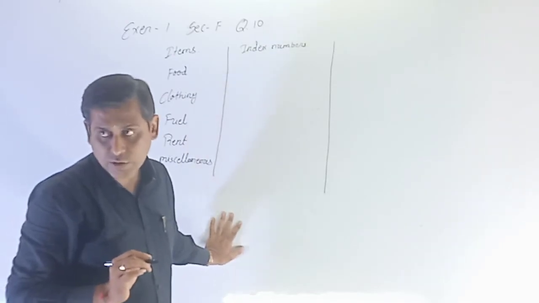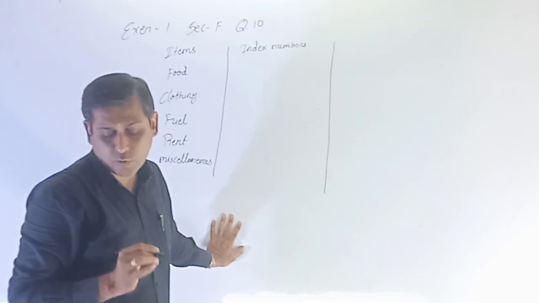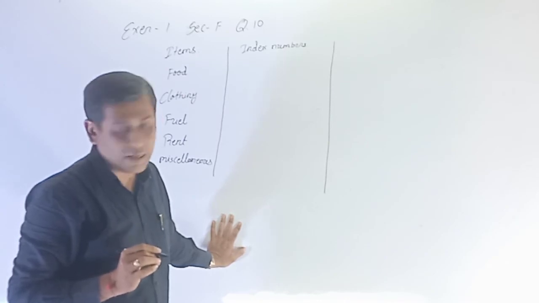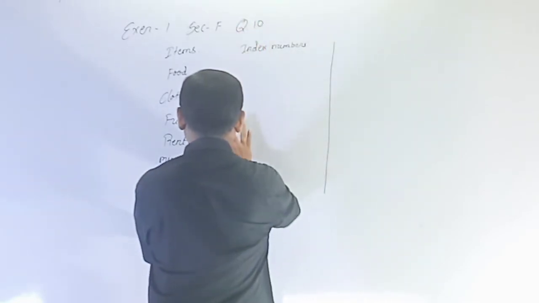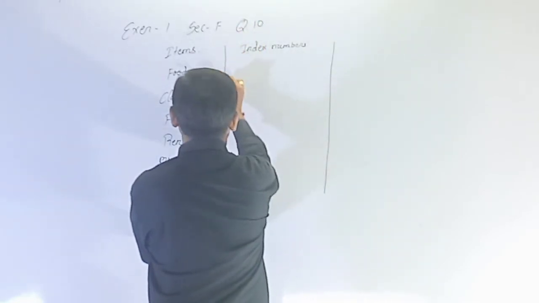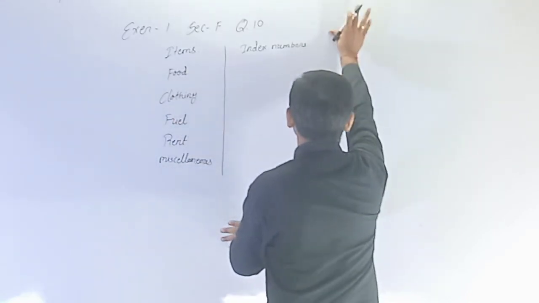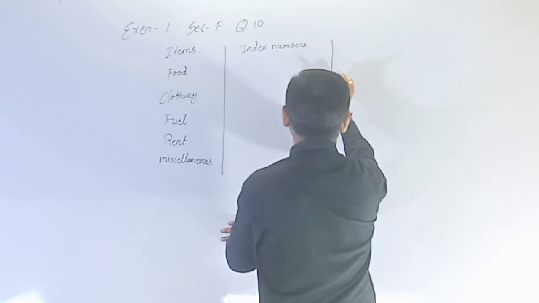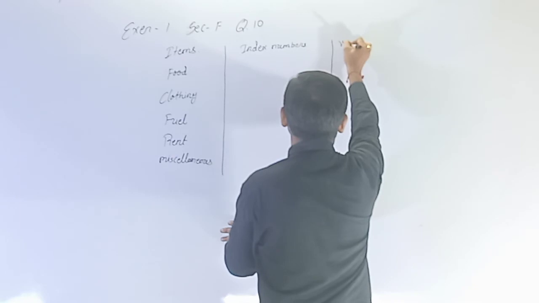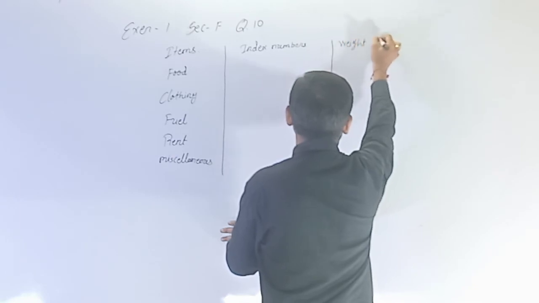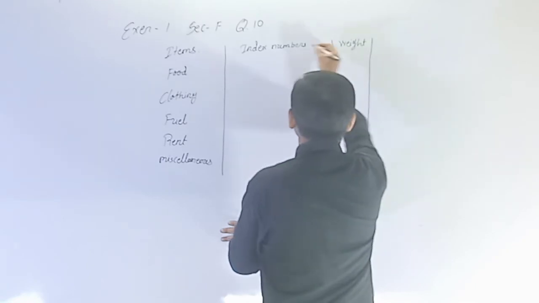The expenditure for the first four groups is 40%, 18%, 12% and 20% respectively, so here the weight W is given.